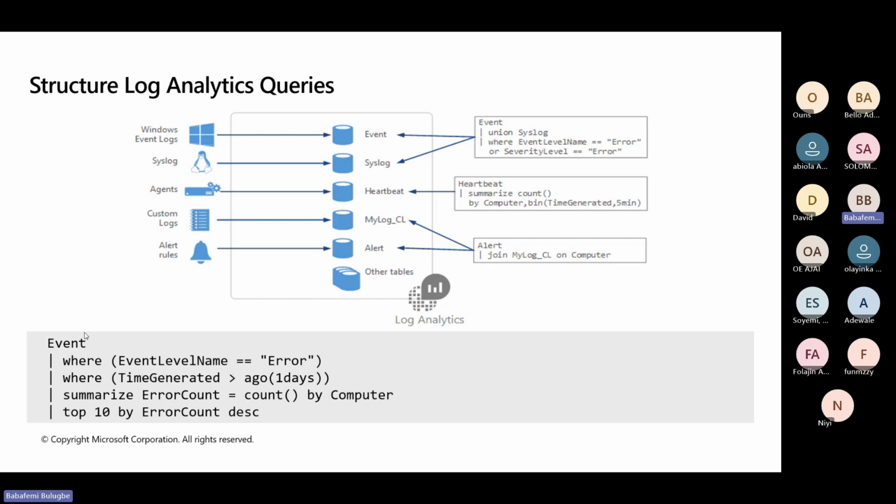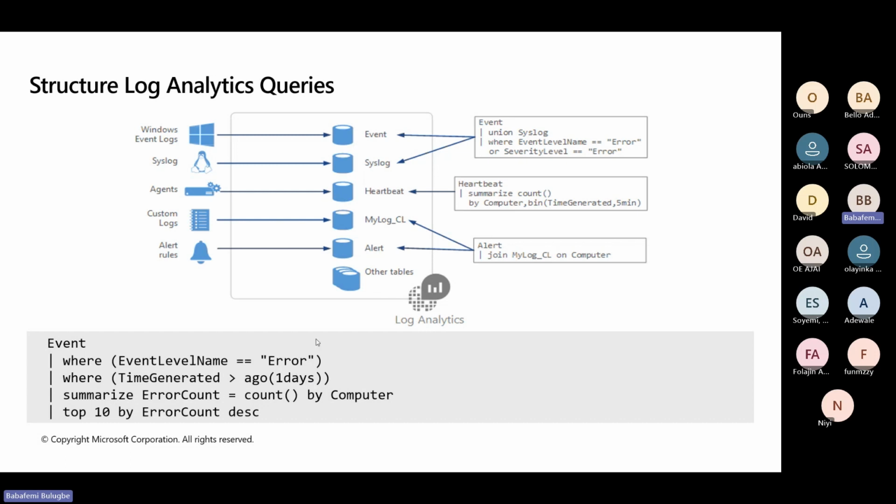So these are conditions that need to be put in place or taken into consideration while exporting or retrieving the logs. Time generated, which is above 1 day, not today. We want something that has been done maybe 1 day ago and above.